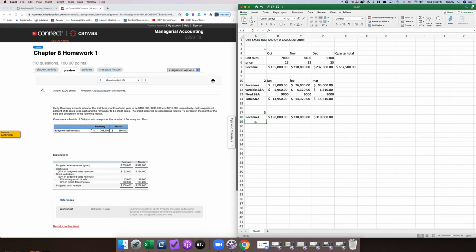And 40% of its sales will be cash, and the remainder are going to be credit sales. Okay, so 40% are going to be cash. Credit sales are going to be 60%.